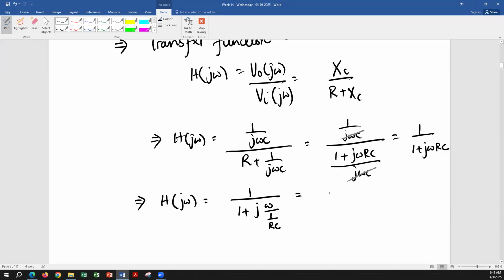And we write this as 1 over 1 plus j omega over omega c, where omega c represents the cutoff frequency. And why? We'll discuss that.